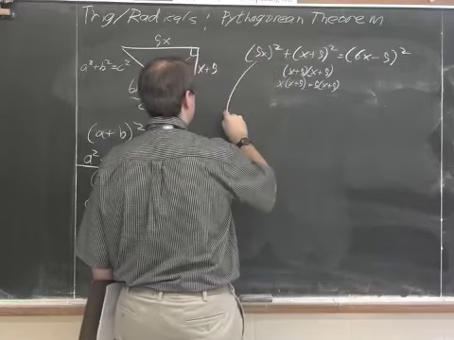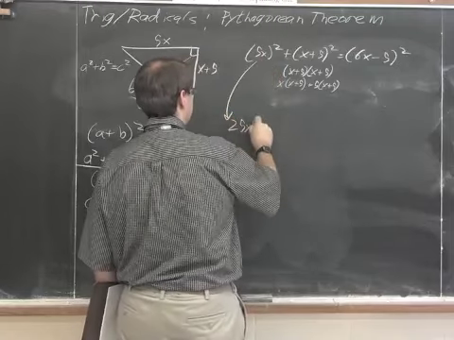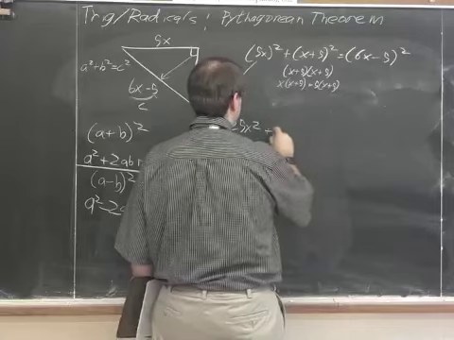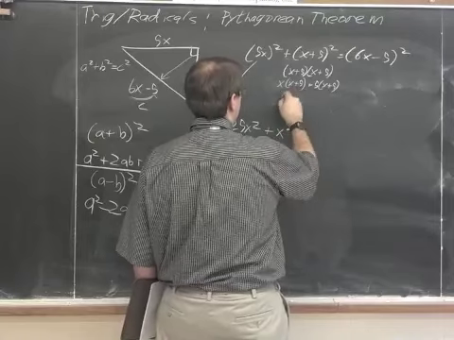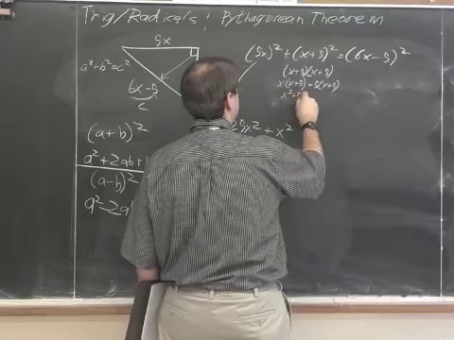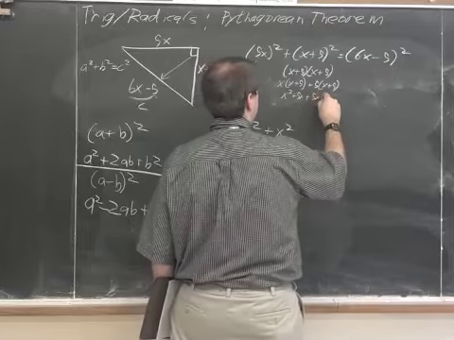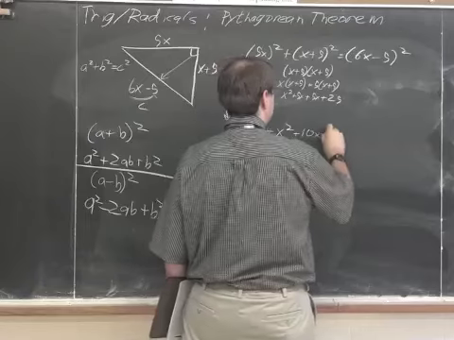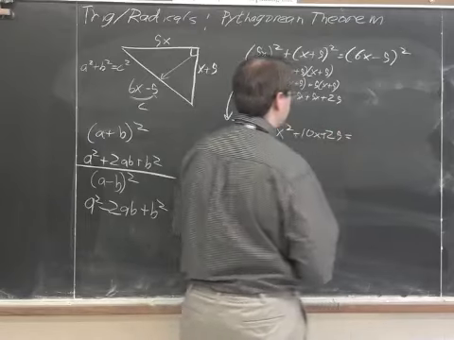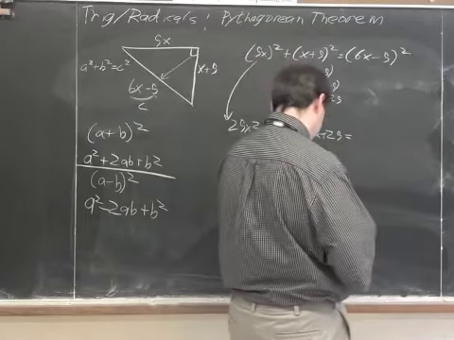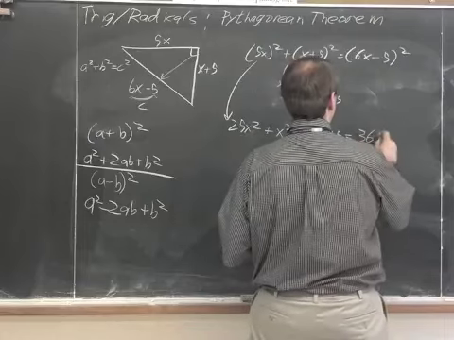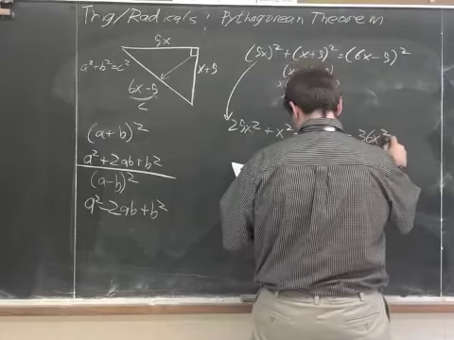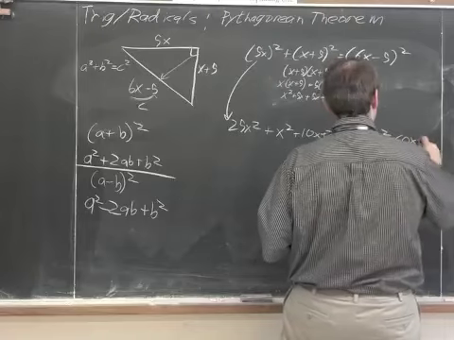This, of course, we get 25x squared. That's as it is. This thing here, though, we get x squared plus 5x plus 5x plus 25, so that's x squared plus 10x plus 25. And just to shortcut this process and go straight to an answer, we get over here 36x squared minus 60x plus 25.